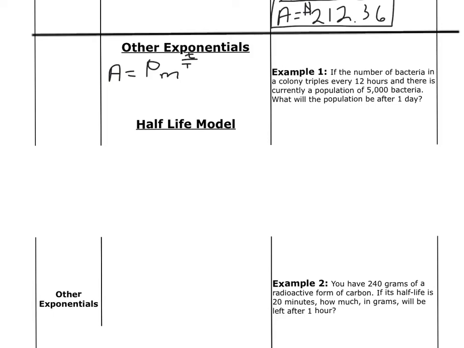The A value is what the amount ends up being, and the P is the initial amount, what you start off with. Now the M is the multiplier. This is when equations will say things will double, triple, or quadruple. That's what the M is referencing. Now the little t is time observed.